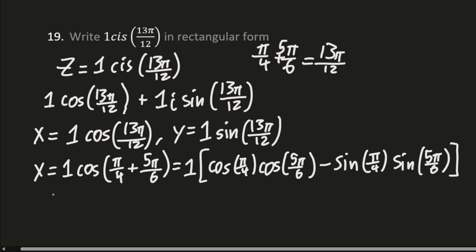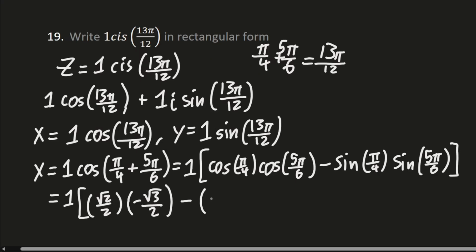And simplifying that would give us 1 times square root 2 over 2 and negative square root of 3 over 2, minus square root 2 over 2 and multiply up times 1 over 2.